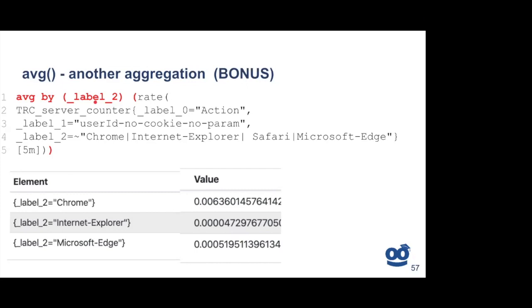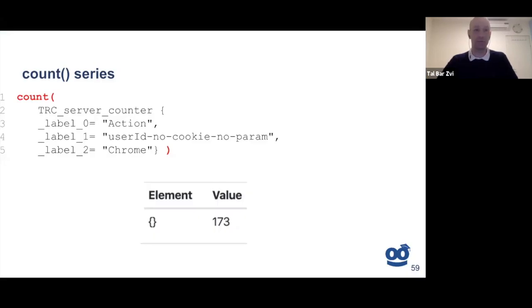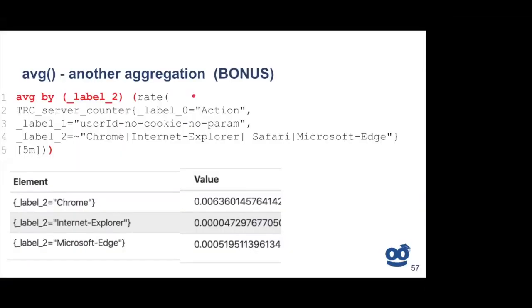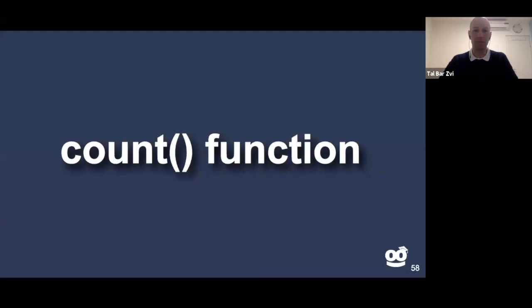I just want to give you another aggregation as a bonus, right? Not just to remember sum. You have minimum, maximum, average, everything. So basically you end up having very similar aggregations to what you have in SQL, more or less. Yes, very similar. But much stronger.